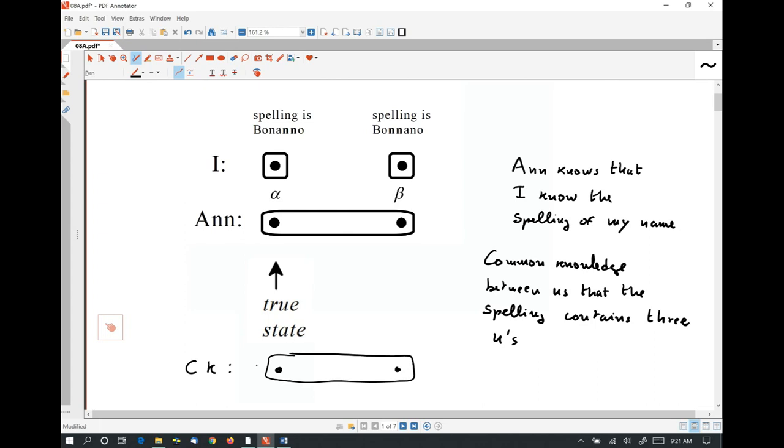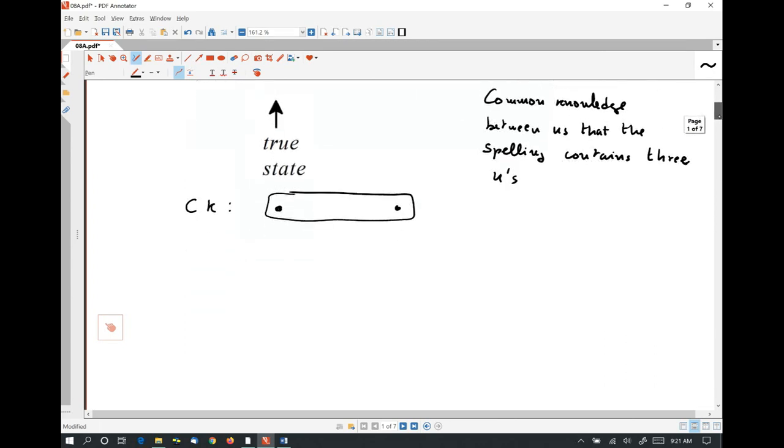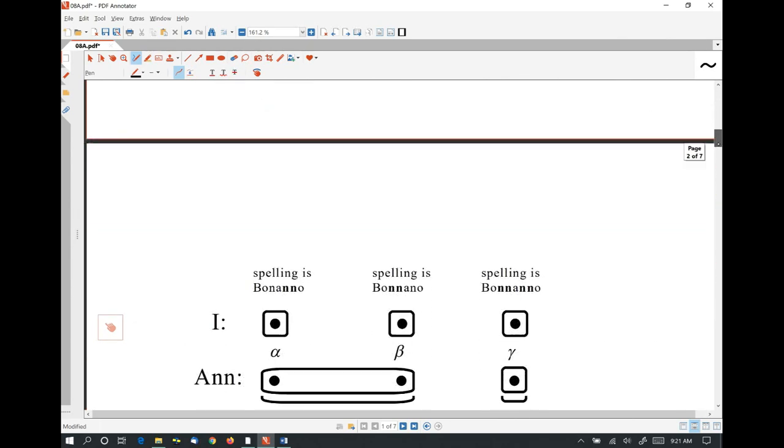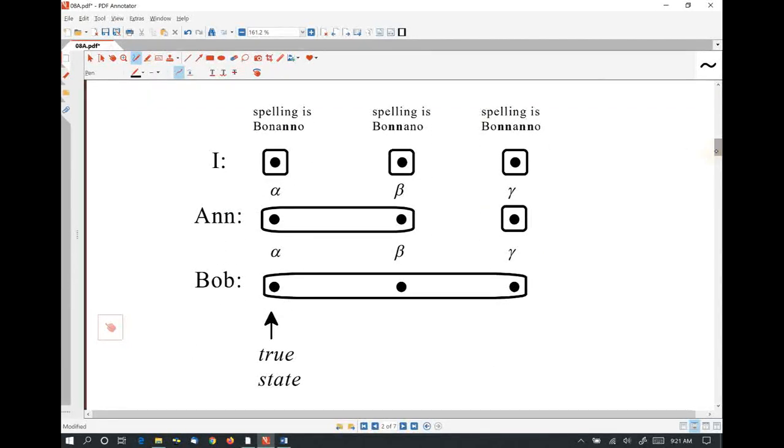We could make it a little bit more complicated by adding a third person who thinks that in fact there might be four N's. Then we add Bob, and this part is still what we had before. Now I'm adding a third state, and so it has to appear in the partition of every individual.